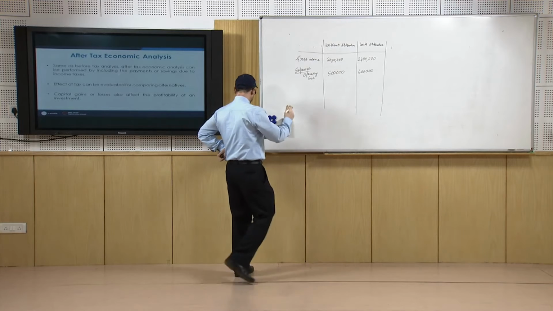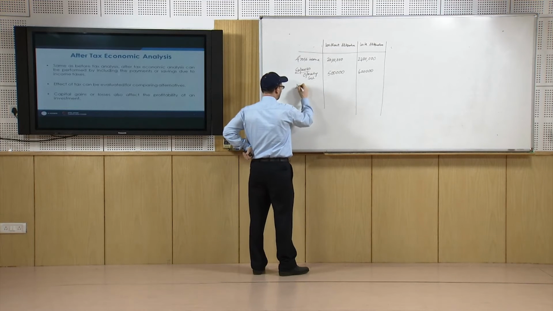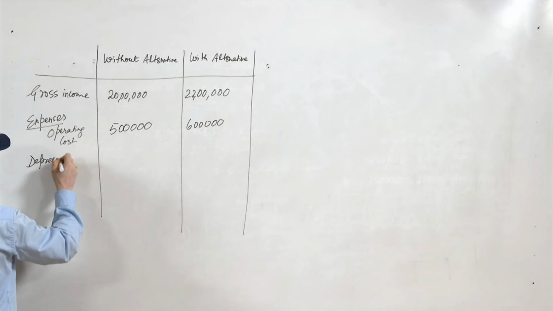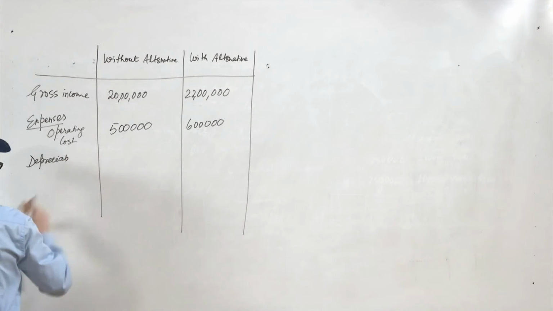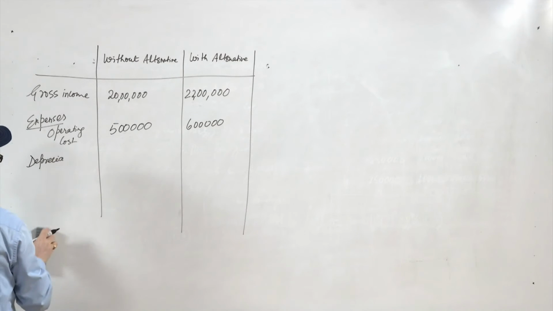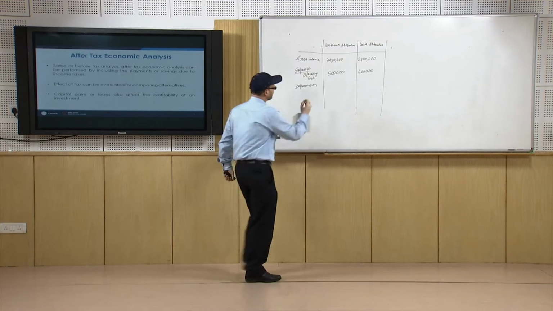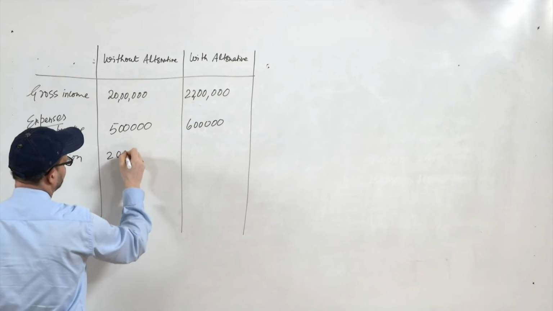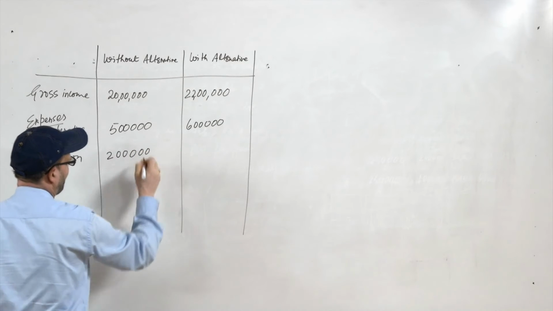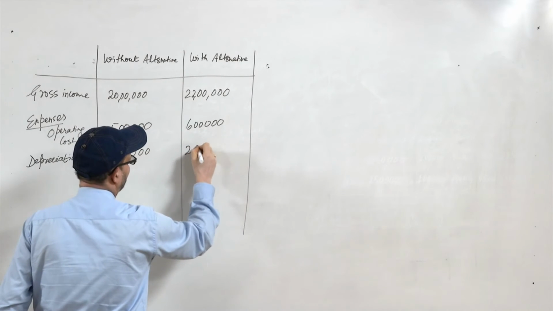We talk about depreciation. Depreciation is reported as 2 lakh and 2,50,000.